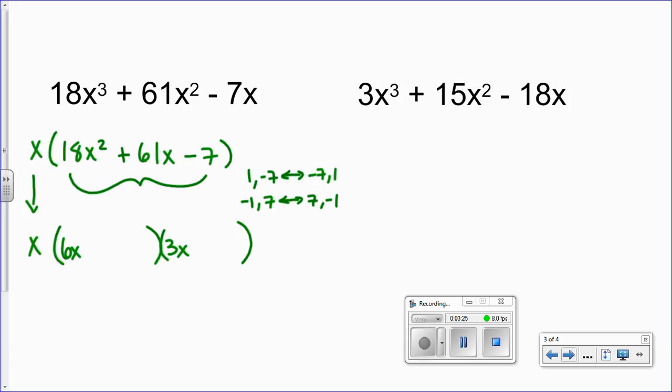Okay, so if I try 1 and negative 7, all right, 6 times negative 7 is negative 42. 1 times 3 is 3x, and that's negative 39, not 61. Okay, so it's not that.